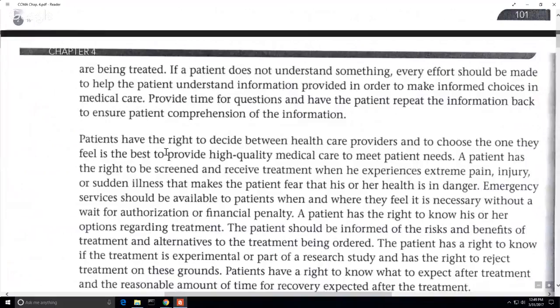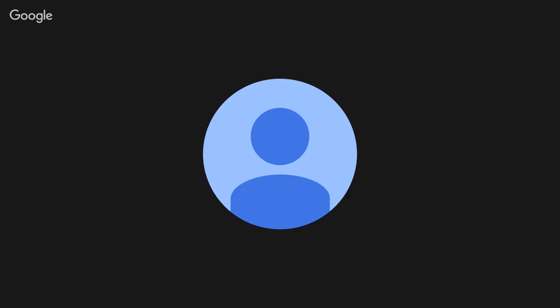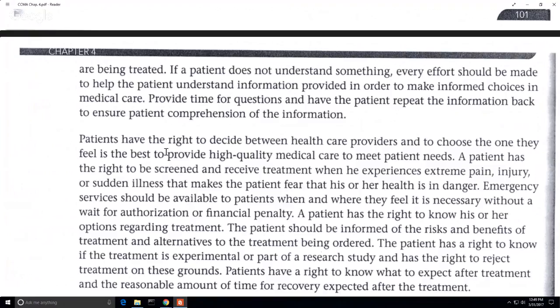Now, if a patient does not understand something, every effort should be made to help the patient understand the information provided in order to make informed choices in medical care. So provide time for questions and have the patient repeat the information back to ensure patient comprehension of the information.